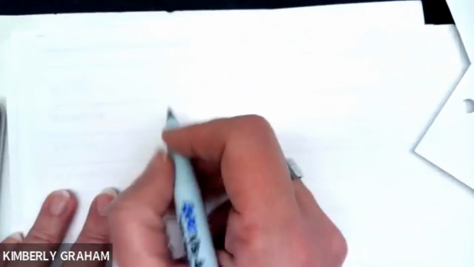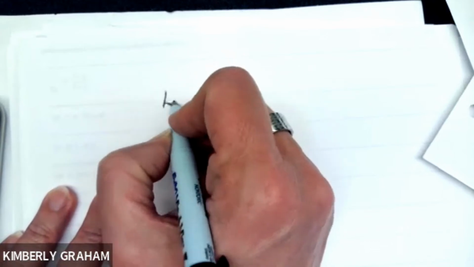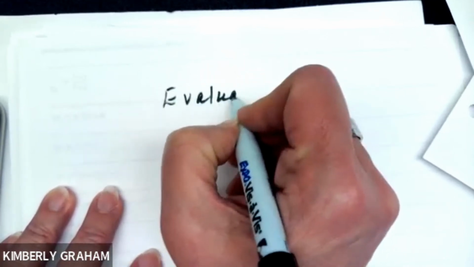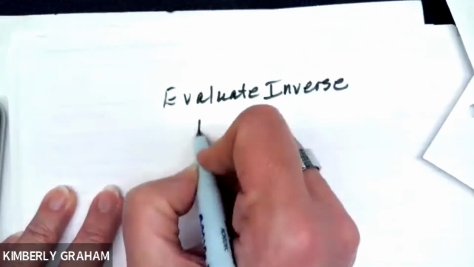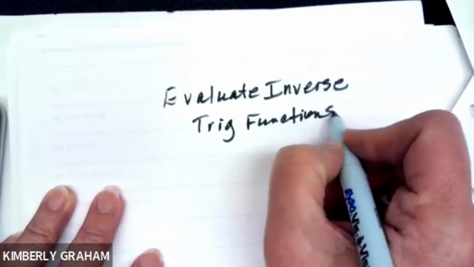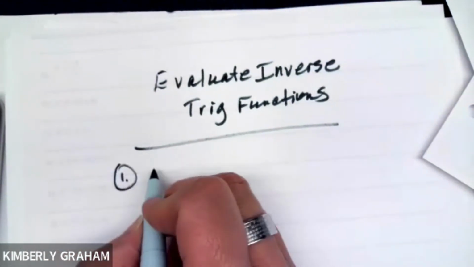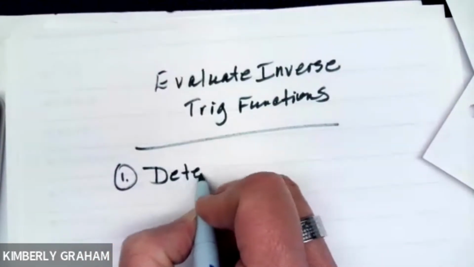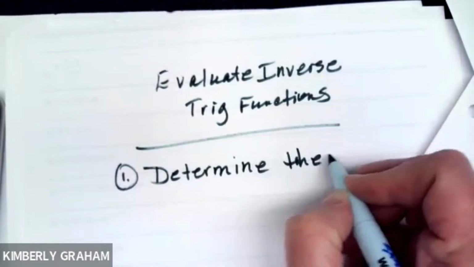So here are my steps. I'm going to do this on a separate sheet of paper so I can write a little bigger. Now, to evaluate inverse trig functions, and if you want to put without a calculator, you can do that. First step is to determine the quadrant that I'm in.